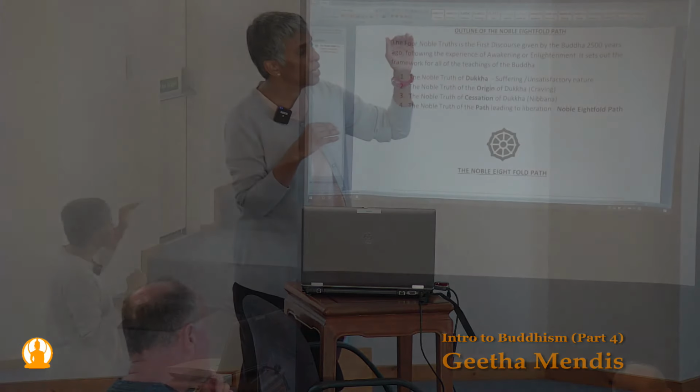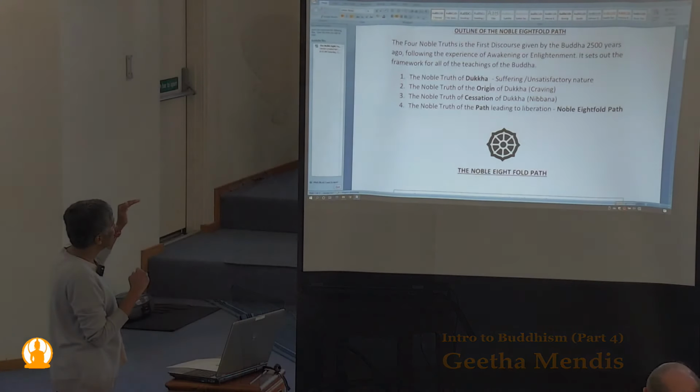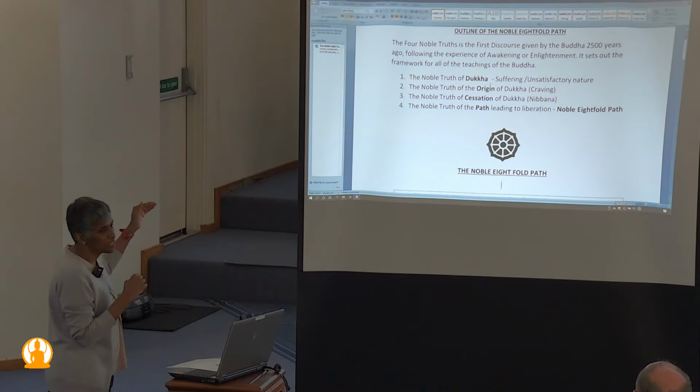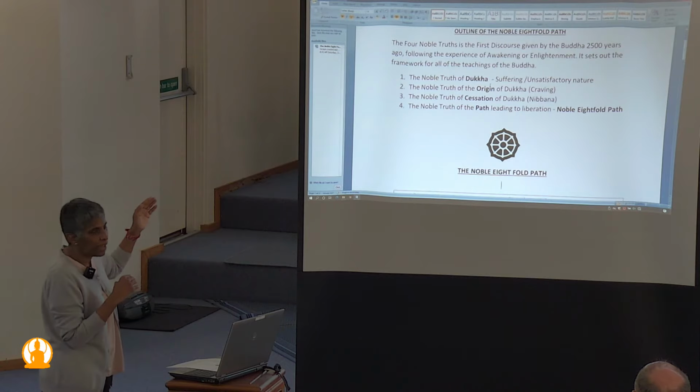Now, the third noble truth is the cessation of dukkha, or nibbana. So the Buddha explains that craving, when it is relinquished, leads to the cessation of dukkha and to, therefore, nibbana.